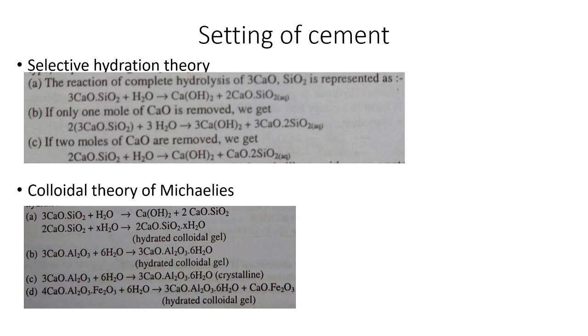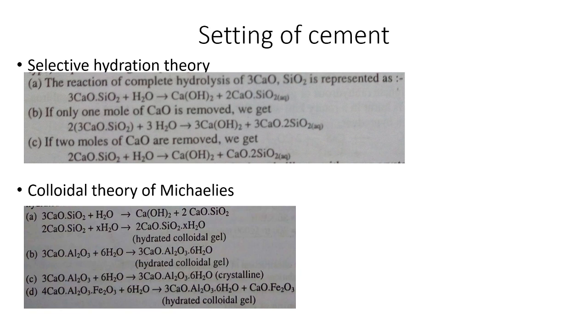Now, the contribution of the compounds. There are various components of cement that we know: C3A, C3S, C4AF, and C2S. Depending on the type of cement, there are various compositions of these components.